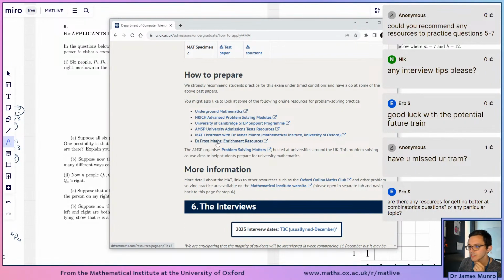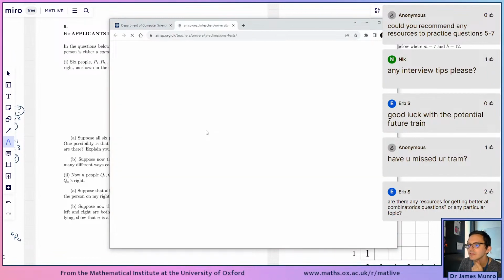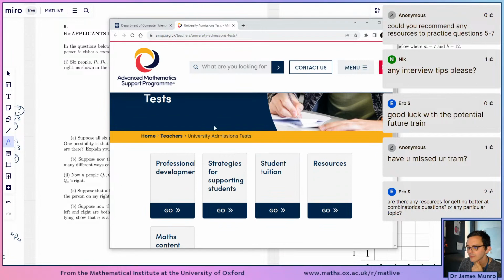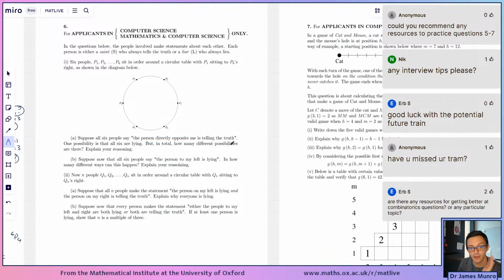They have some Dr. Frost links. They also have a link to the thing you're currently watching, hooray! Which I think passes the buck back to me. Oh look, AMSP. Is that the working link? Oh yeah, look. Oh, cool. AMSP. They often involve thinking quite logically.